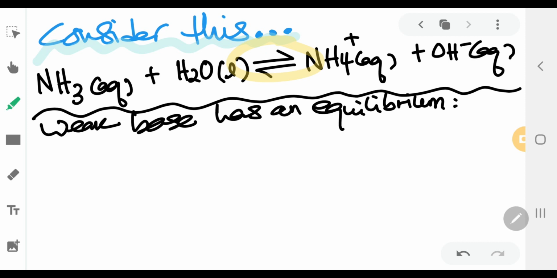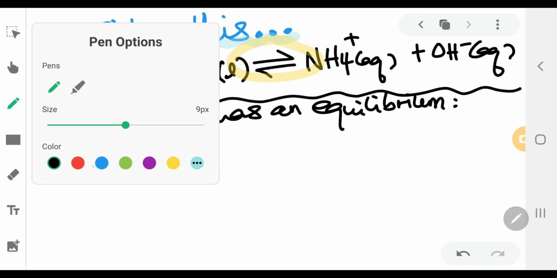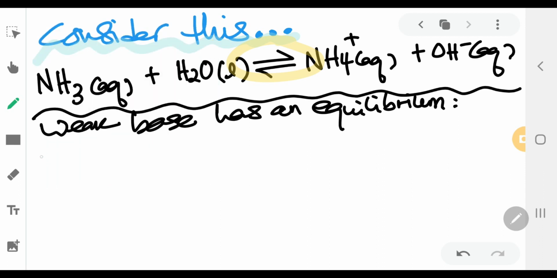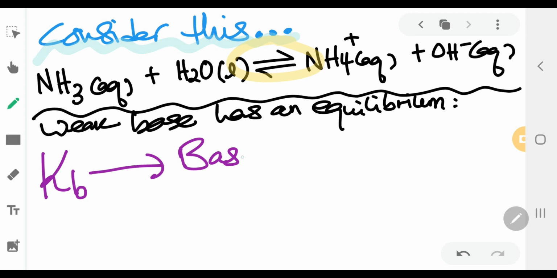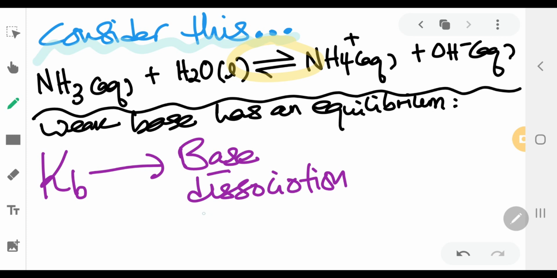And yes, this equation here will be able to have a Kb. Kb is your base dissociation constant.